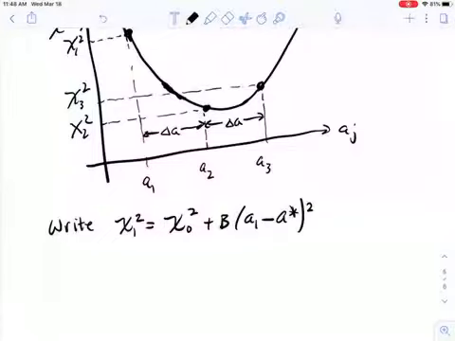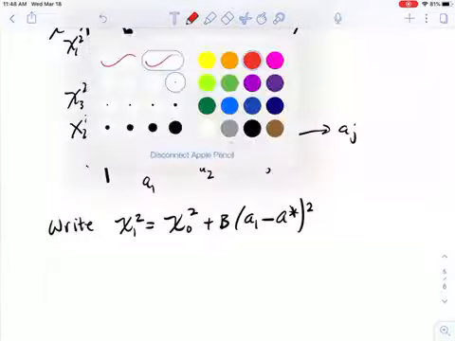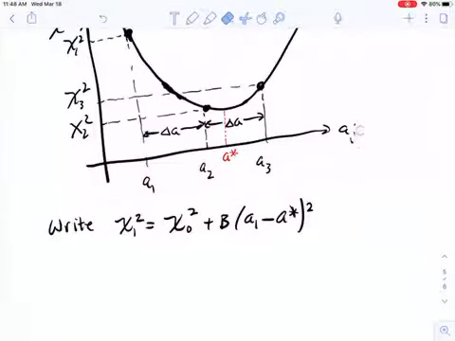And so A star corresponds to the true minimum here, which is something we may not know. I'm going to omit the j subscript, but you have to remember that we could do this for any one of our fit parameters. We're selecting one of them at the moment.